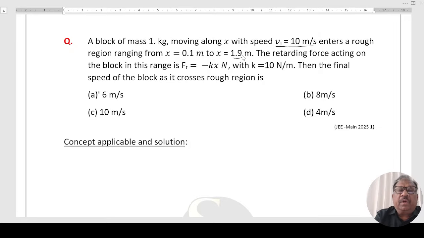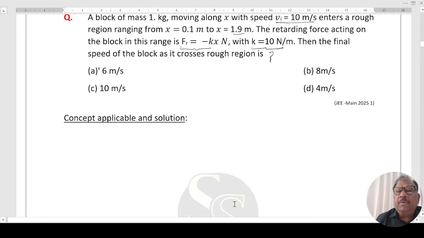The retarding force acting on the block is minus kx Newton, where k is the spring constant, its value is 10 Newton per meter. The final speed of the block as it crosses the region is, we have to find the final speed, right?